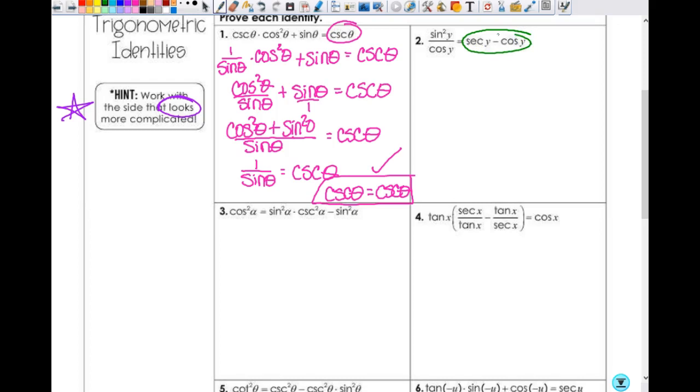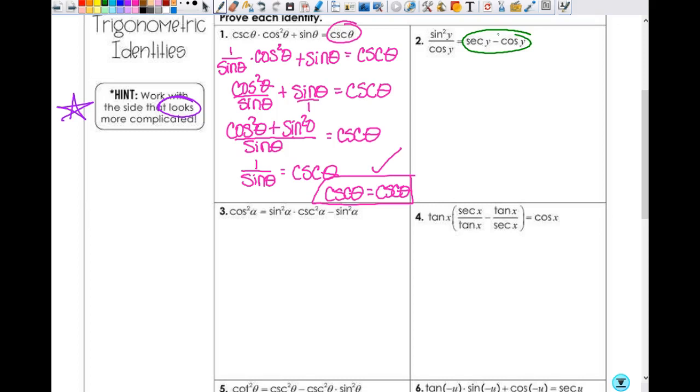So what do you think we could start by doing with that left-hand side? Okay. Since I don't have any of the reciprocal ones, I don't know that making anything into a reciprocal necessarily makes any sense.